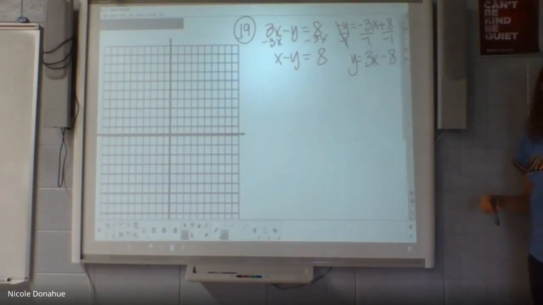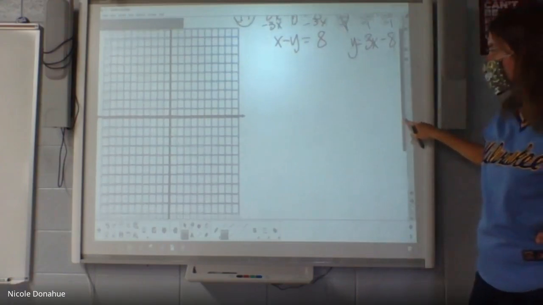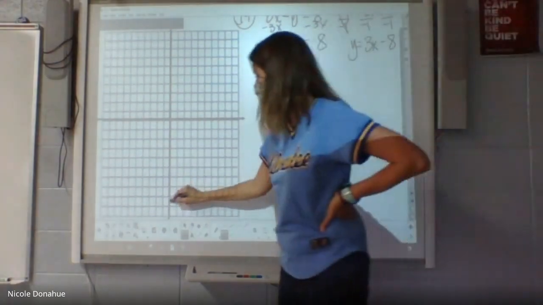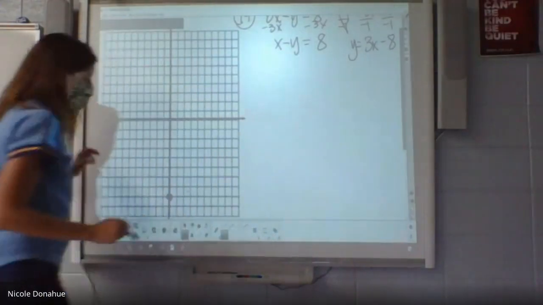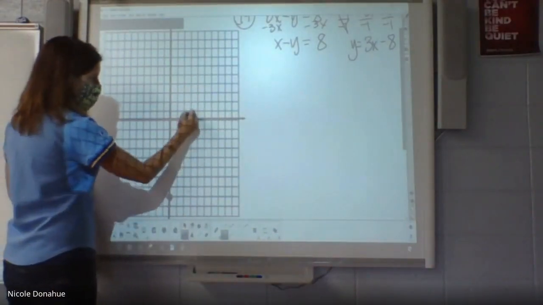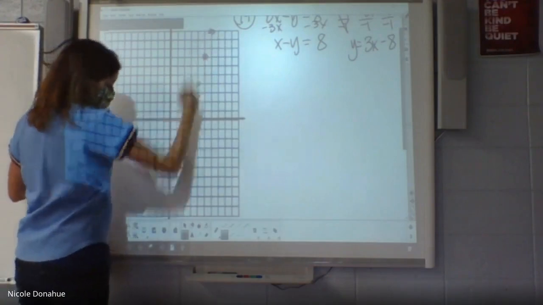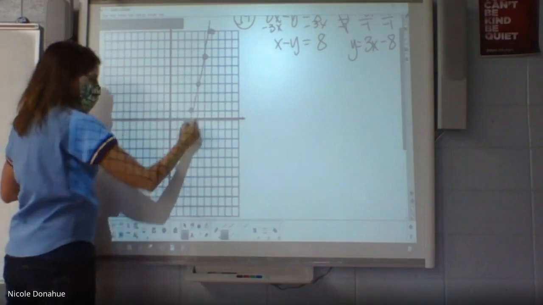So I'm going to begin this at -8 on the y-axis, and go up 3 and over 1. Up 3 and over 1. There's our first line.